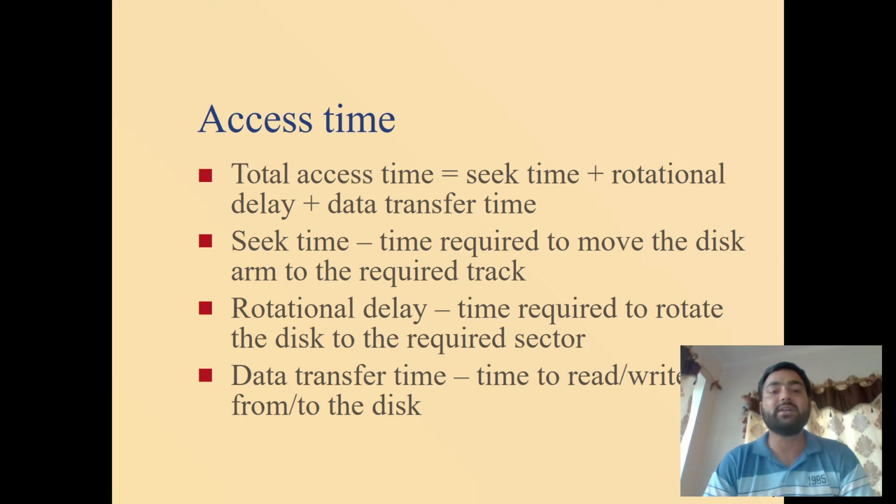So whatever the time taken for reading or writing, that is actually the data transfer time, the total time taken for the read or the write operation. So these are the three key time durations that are required to formulate the total access time for a particular request of input output operation by the operating system to be processed.